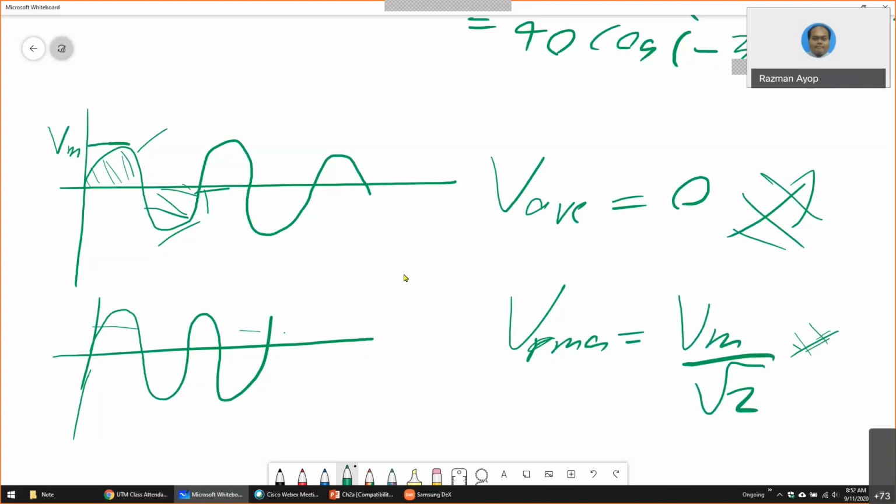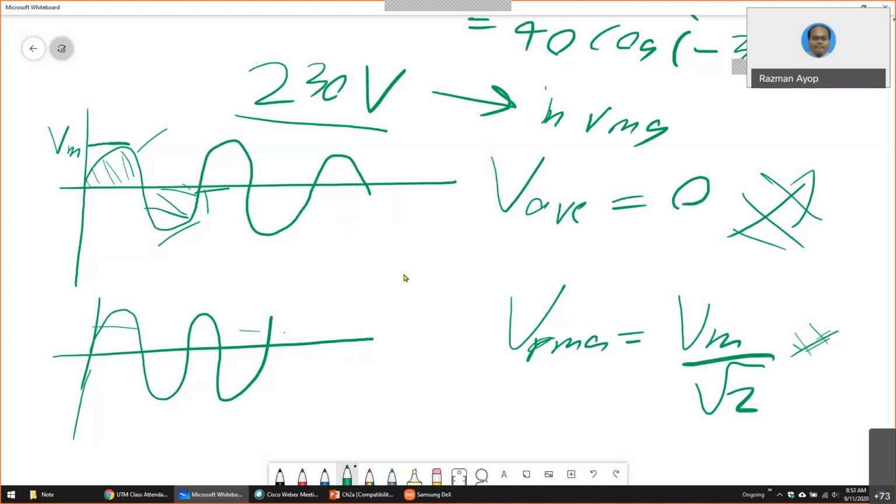If you see any value, for example at the back of your TV or on your charger, where the rating says 230 volt, it means it is in RMS. If the value is only a magnitude, always assume it is in RMS.